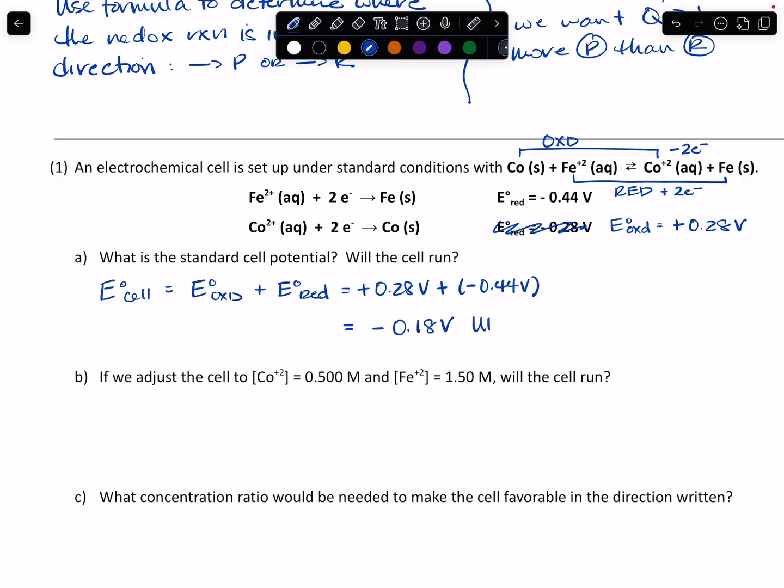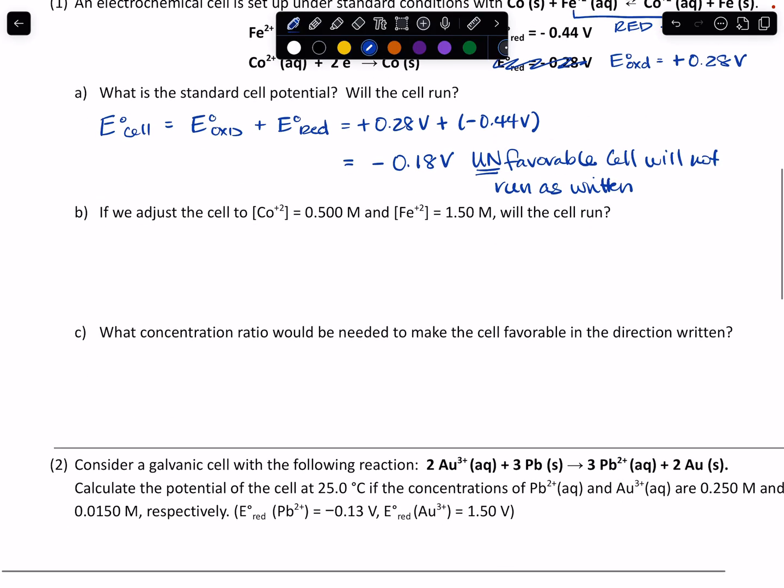This is unfavorable, so the cell will not run as written. That negative cell potential tells me this redox reaction will not happen without some extra help.